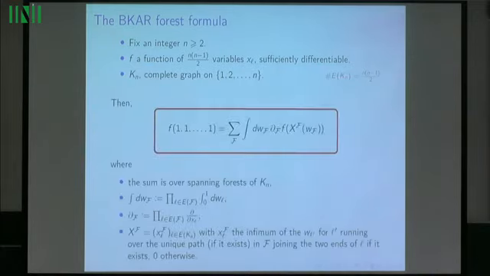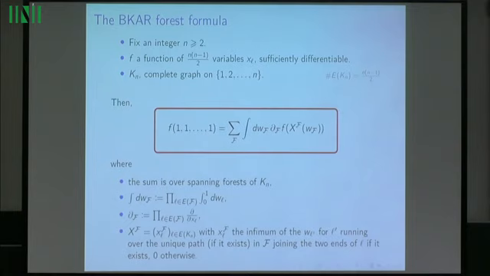So here's the formula. It tells you that f at 1, meaning each variable is set to 1, is a certain sum, which pretty much looks like a Taylor expansion, but not quite. You have a sum, an integral over parameters which are called interpolating or weakening parameters, a certain derivative of the function, and an evaluation point. So let's look at these terms.